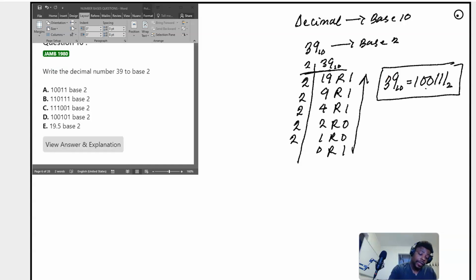So now we see that our solution is not in the options. Since you have done the correct thing and you're very sure that your answer is correct and it's not in the options, you move ahead to the next question.